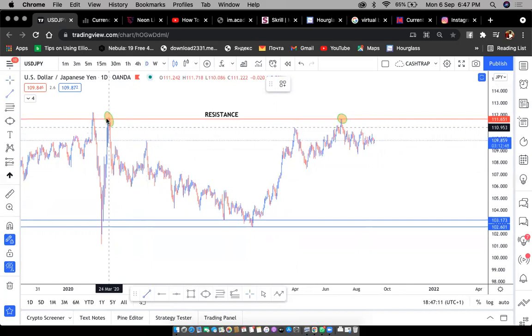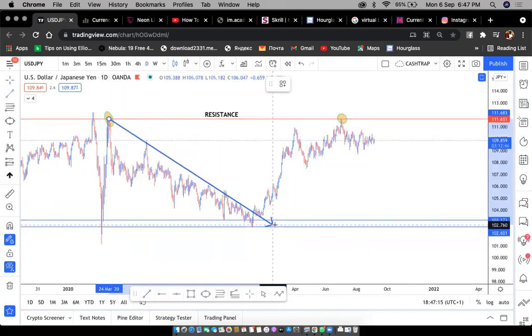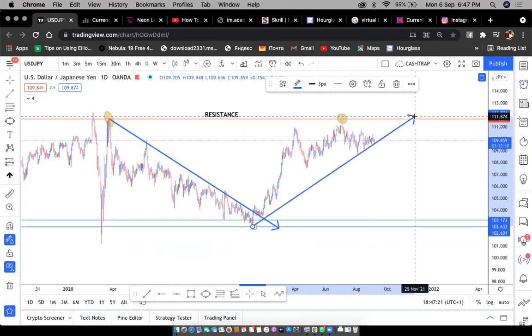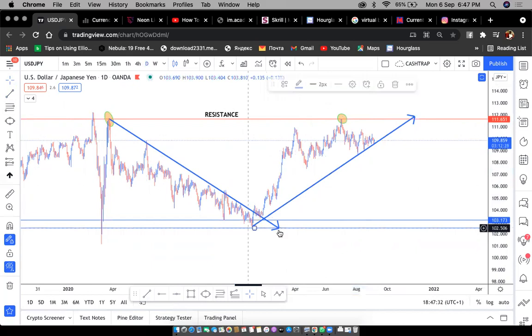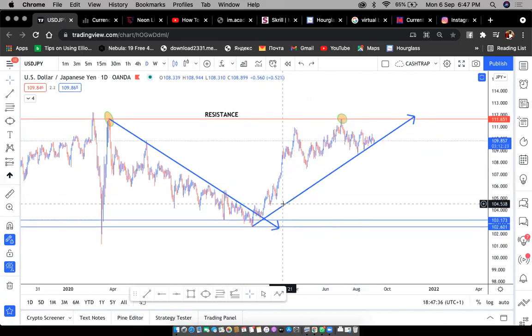Price moved all the way from this point to this point. Then it has moved from this point. It's still heading in that direction. That's simply what I see right now.